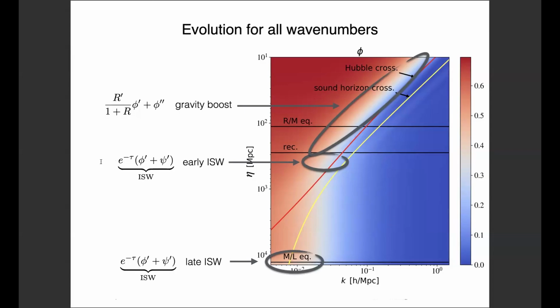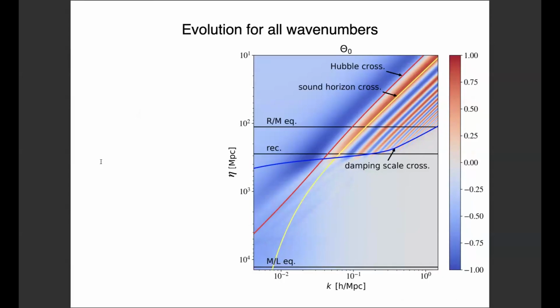I think we have exploited all the nice information from the plot showing the transfer function phi. Now let's do the same for the plot showing the transfer function theta 0. And that's where most of the CMB physics can be seen. We have the Hubble crossing line. This yellow line is a sound horizon crossing line, but it doesn't matter.